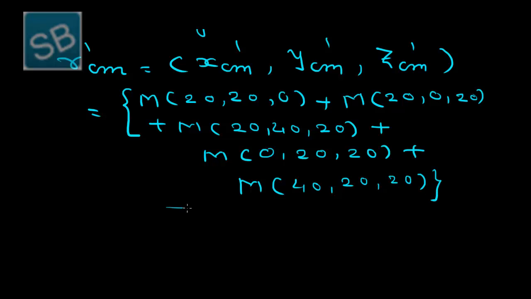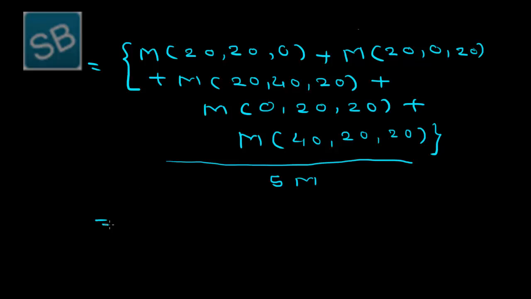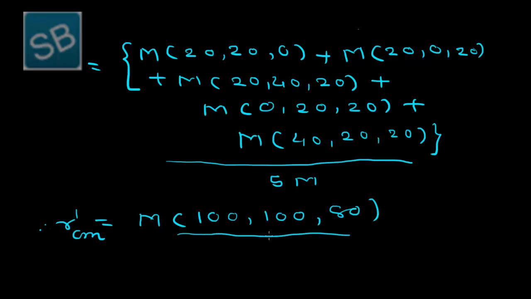So it is easily seen that there will be change in the z value only. Other values will remain the same. Just minus 20 will be there. So R dash CM is equal to 100, 100 and 80 divided by 5m.